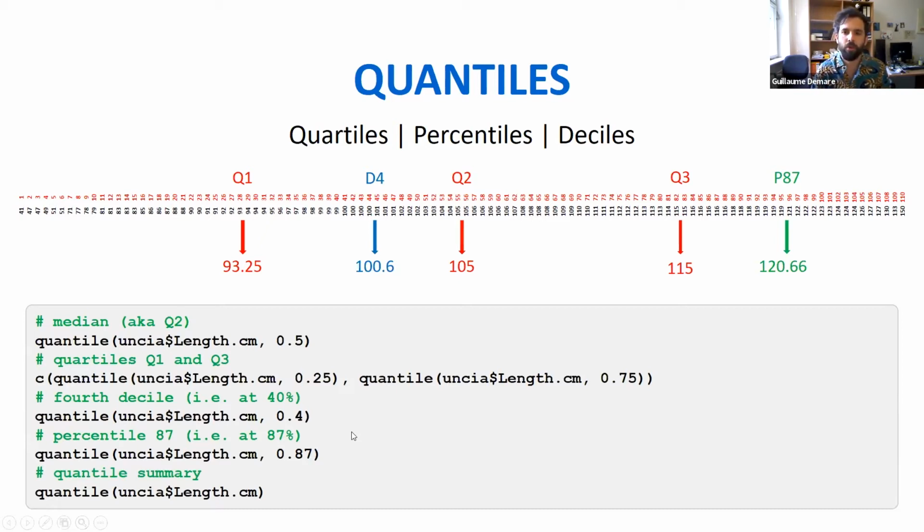It will give you simply the quartiles: at 0%, essentially the first value, which is 41, then the first quartile, the median, the third quartile, and the maximum value as well. You can try typing quantile of the length column of the UNCIA dataset. It should return 5 values. These are probably the most useful. It gets you an idea of where your data is standing.